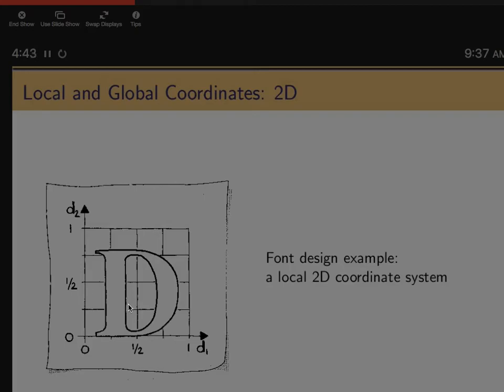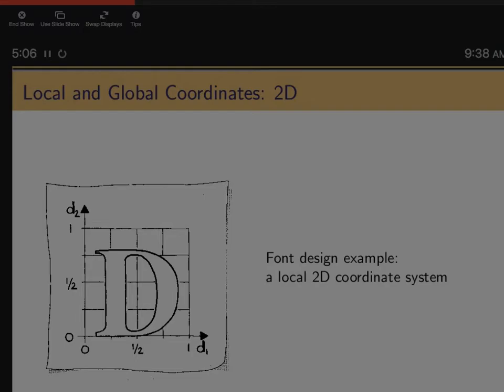So when I want to place the letter D on my screen, I define a mapping between the coordinate system in which the letter D is defined and another box where I want the letter D to show up. If I want the letter D to be very large, I can take the small 0,1 box and make it a big box, and now I have a big D, or I can make it a very small box.